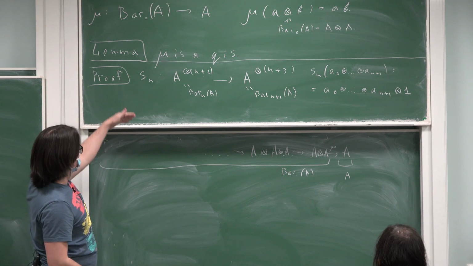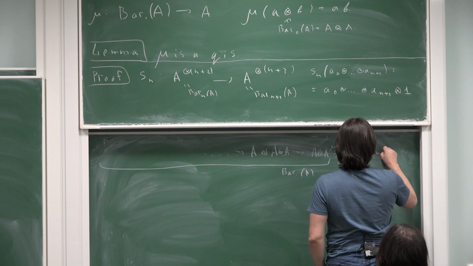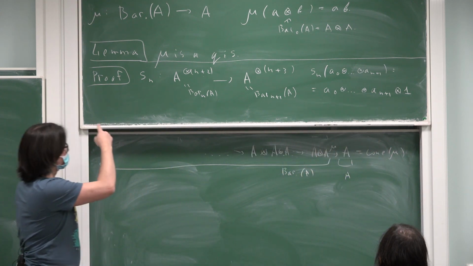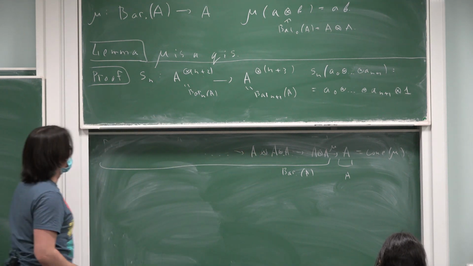So we know that this is the cone of mu, maybe shifted, and we know that to check that mu is a quasi-isomorphism, we need to check that the cone is acyclic.